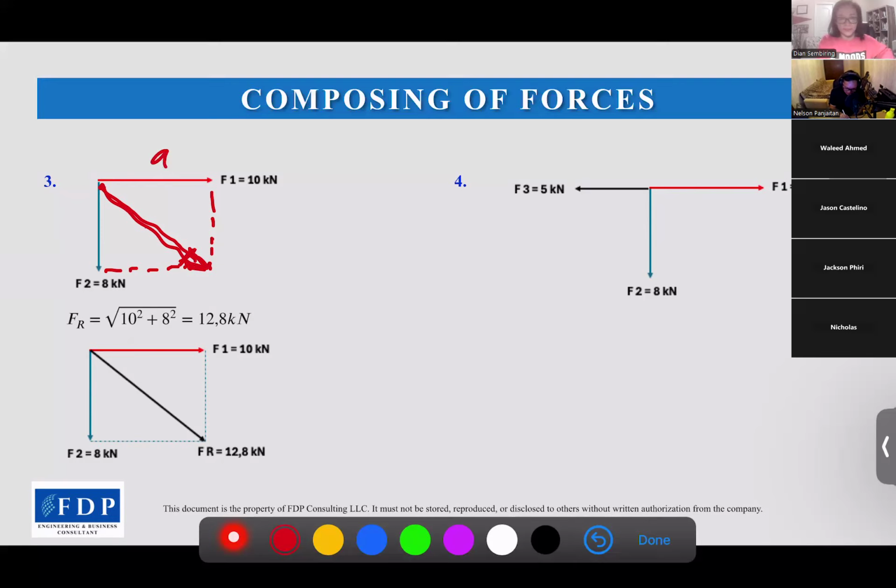For example, with this A and this B, this C equals the square root of A square plus B square. So the resultant is the square root of 10 square plus 8 square, which equals 12.8 kilonewton, like that. And the direction will be this.